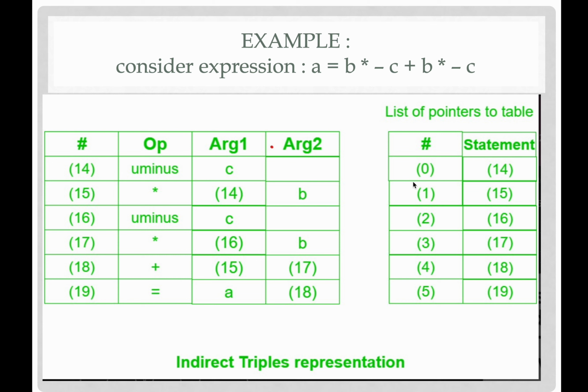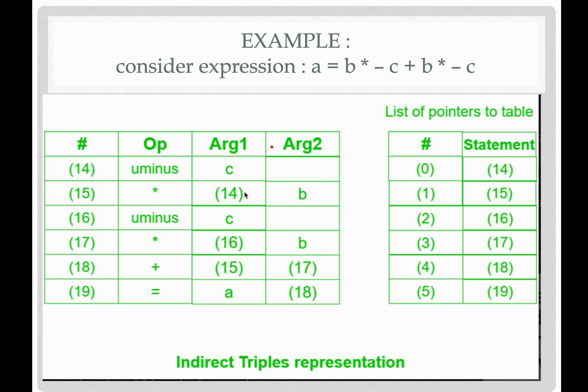Here 0 is pointing to 14, and in the list of pointers 0 is pointing to 14, 1 to 15, 2 to 16. We can take any numbers which are not there in the pointer numbers, which should point to a new number to store the result, and after storing the results we will be using this in the arguments.